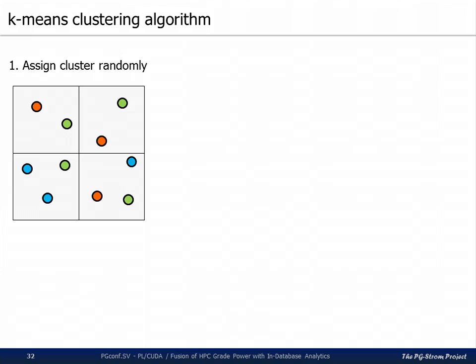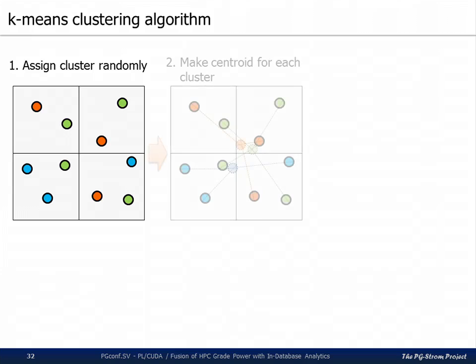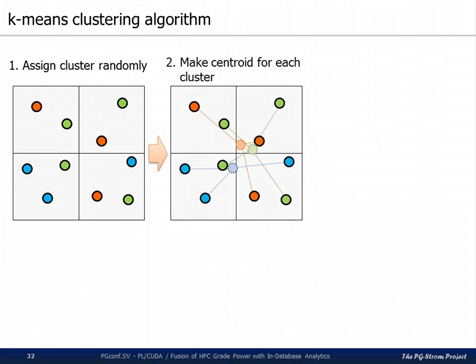Its core algorithm is never complicated. When we have multiple data, initially we assign a category randomly. It is the initial state. Then we calculate a centroid according to the initial random clustering.